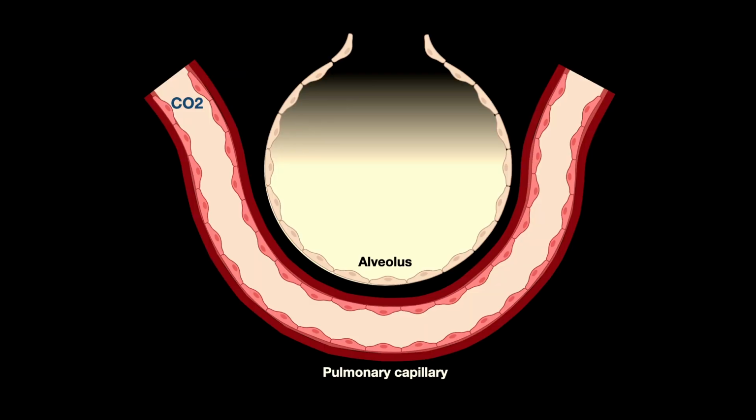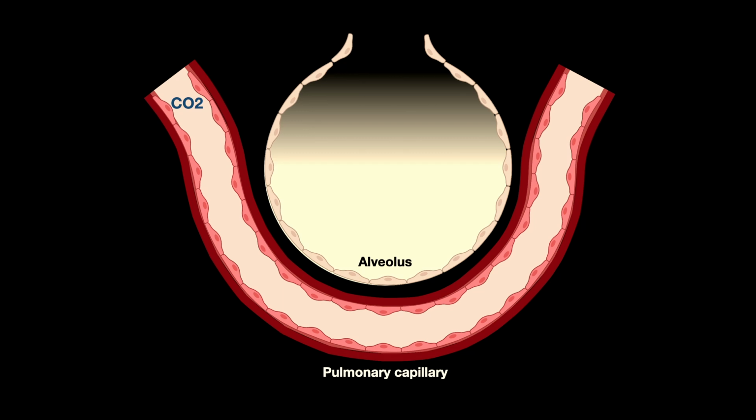And so in this schematic, the alveolus is the circle, and then we have a capillary that's coming around the bottom. And whenever you see that word pulmonary, like a pulmonologist or a pulmonary capillary, think lungs. So this is a capillary, a very thin blood vessel that is touching the alveoli. This is the air-blood barrier, or gas-blood barrier.